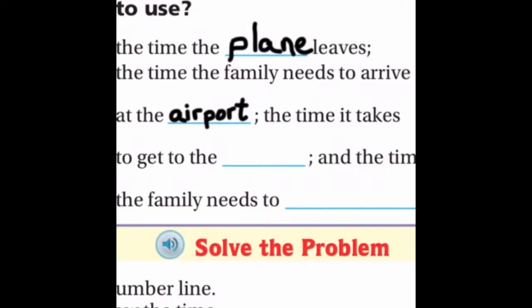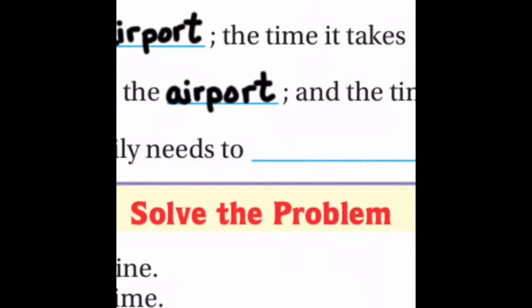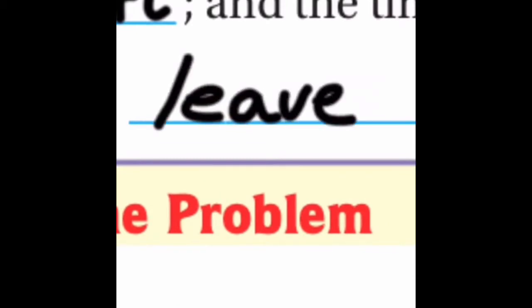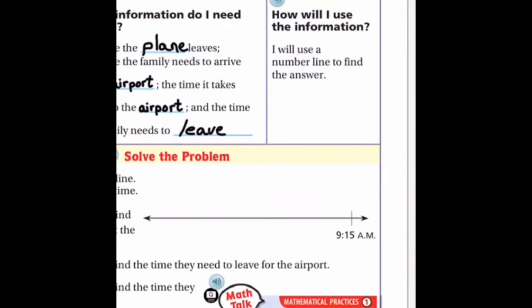The time it takes to get to the airport. And the time the family needs to get ready. Okay. How will I use the information?